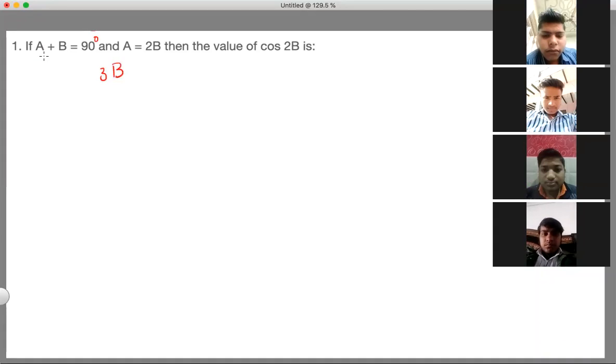A will be 2B, so 3B is equal to 90 degrees, so B is equal to 30 degrees. So 2B is equal to 60 degrees, and cos of 60 degrees is 1/2.